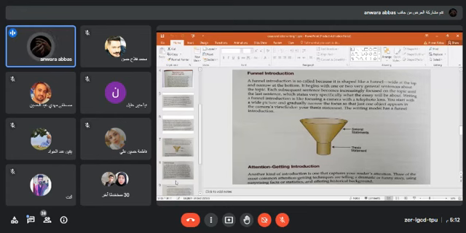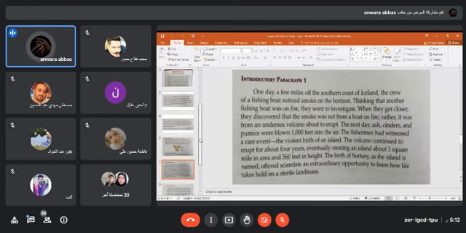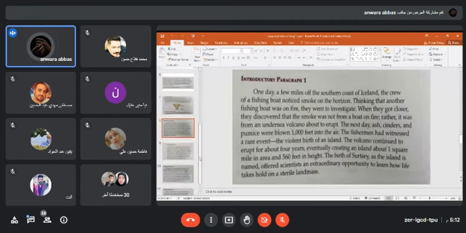I have four paragraphs, and I need you to identify the kind of introduction and also the general statement as well as the thesis statement. I'm going to read the paragraph myself, and then I will let you have the chance to read it yourself.